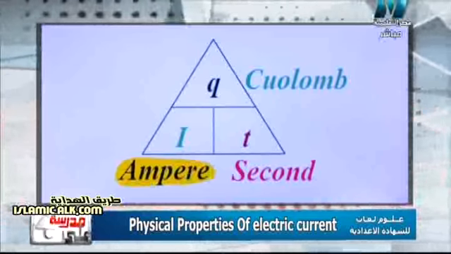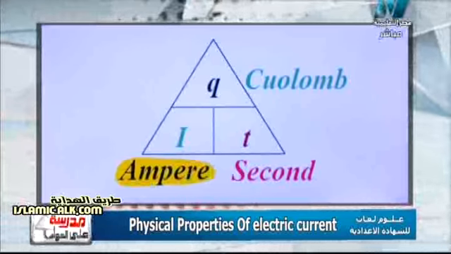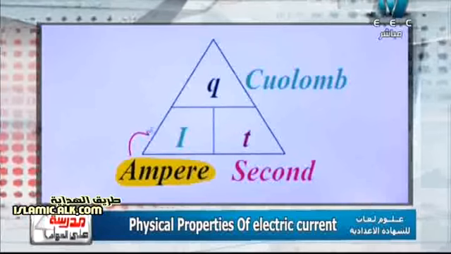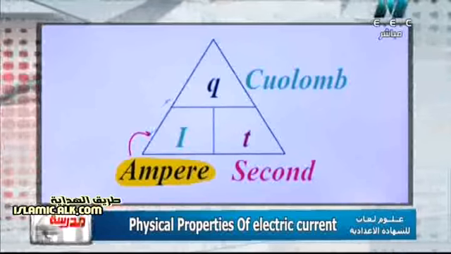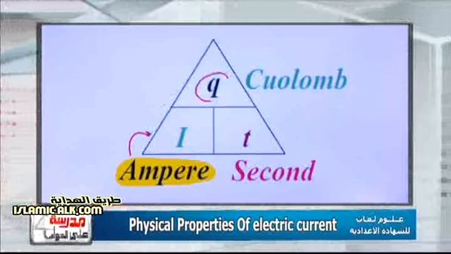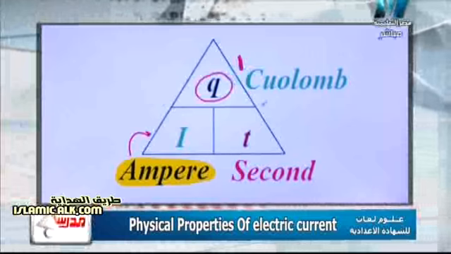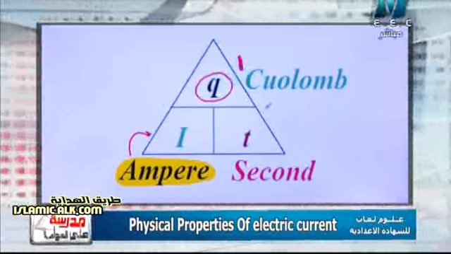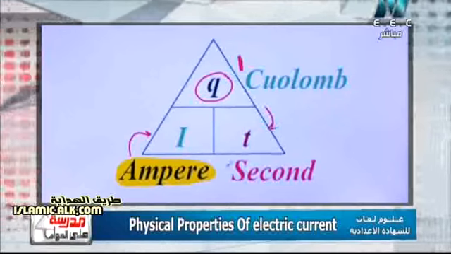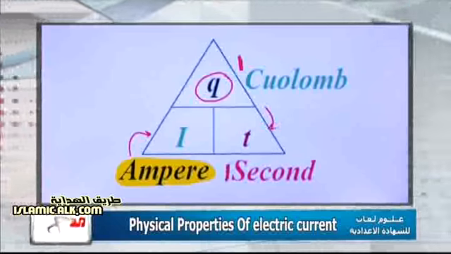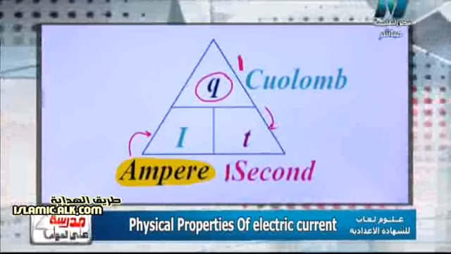What do I say? Ampere is the electric current intensity when the quantity of charge equals 1 coulomb passing through time equal to 1 second. Again, what is meant by ampere?